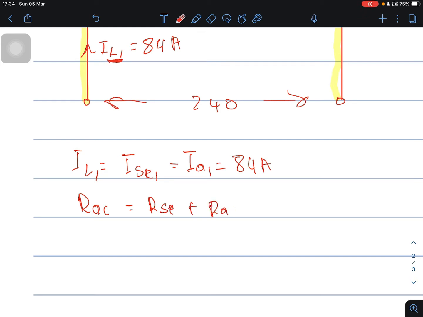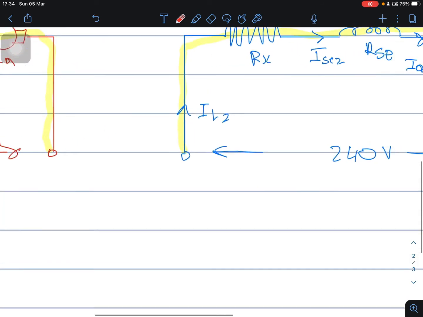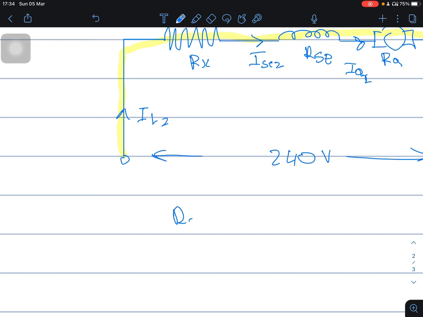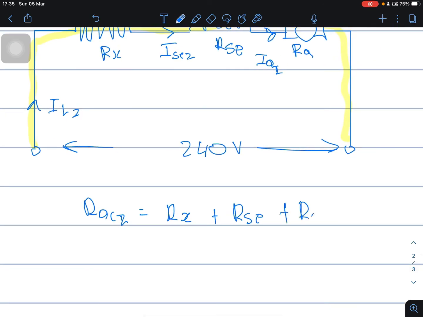Then in this case, RAC2 is equal to RX plus R series plus R armature.